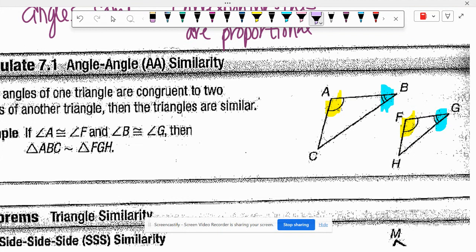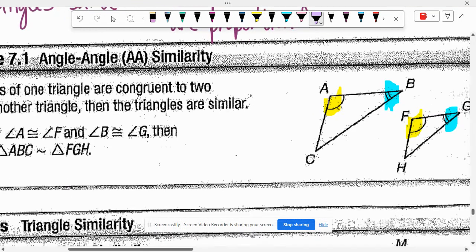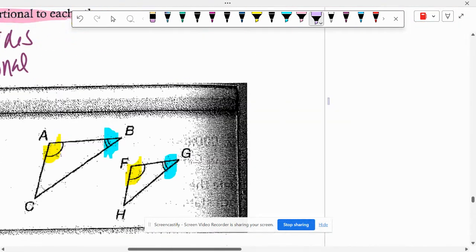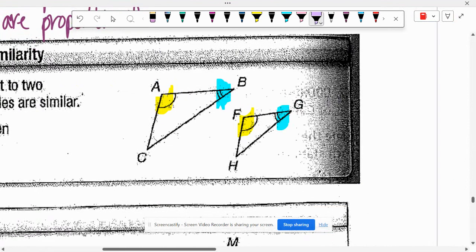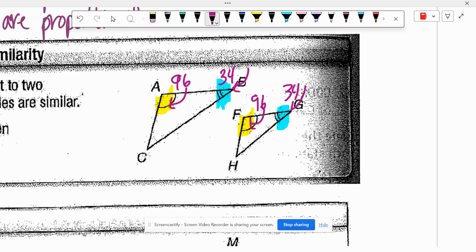Do you need numbers in there to process? What if I said this was 96 right here, this is 96, and this is 34, this is 34. What can you tell me about C and H?